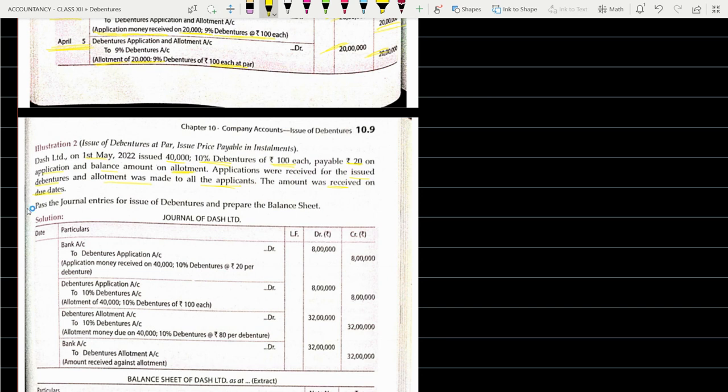Okay, sir. So here the first entry will be for the application money received. It will be bank account debited to debenture application account alone. Here you are not supposed to write application and allotment because this is an installment basis. So bank account debited to debenture application account.